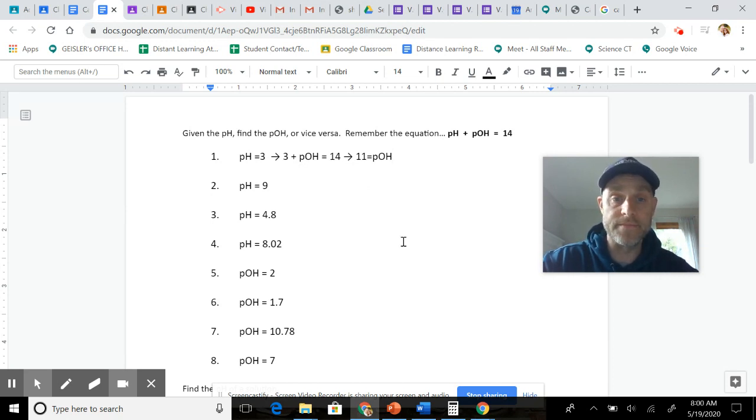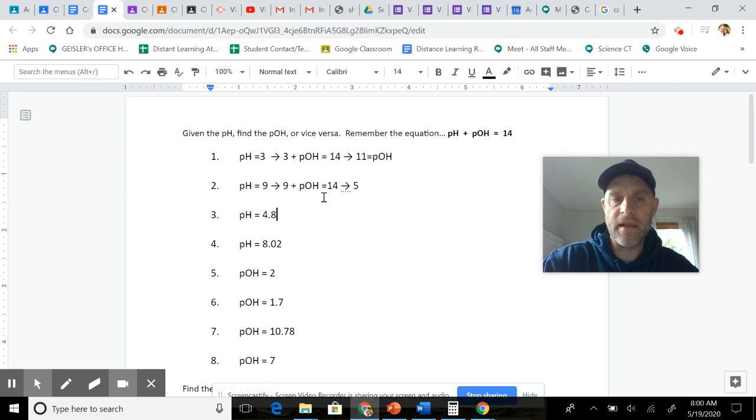Okay, that's like 4th grade math, y'all. Do it again. pH equals 9. Again, I'm going to use this equation. pH, that's 9, plus pOH equals 14. Well, 9 plus what is 14? That's 5.